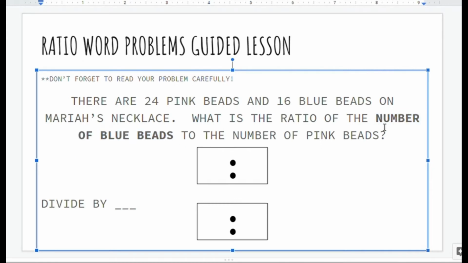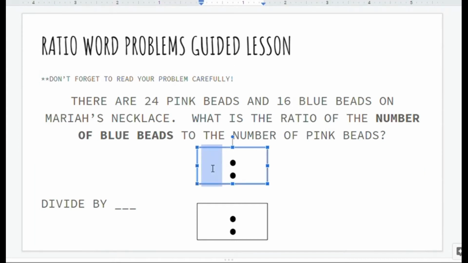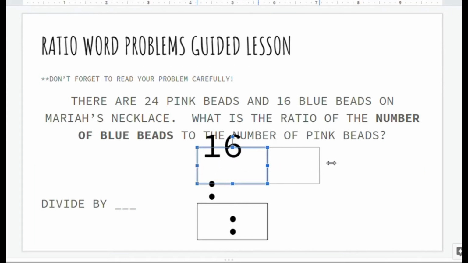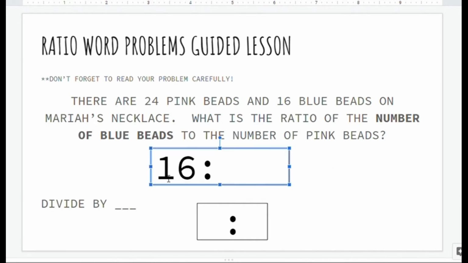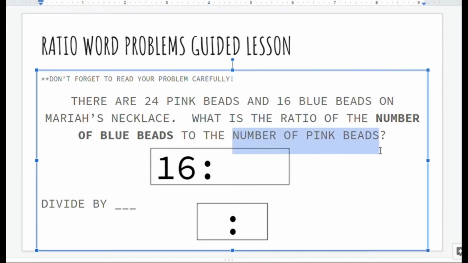So how many blue beads are on Mariah's necklace? If I go back to my problem, there are 16 blue beads. So I'm going to replace this in front of this colon with the number 16. Got to make this a lot larger. Because there are 16 blue beads. Now my second number is going to be the number of pink beads.